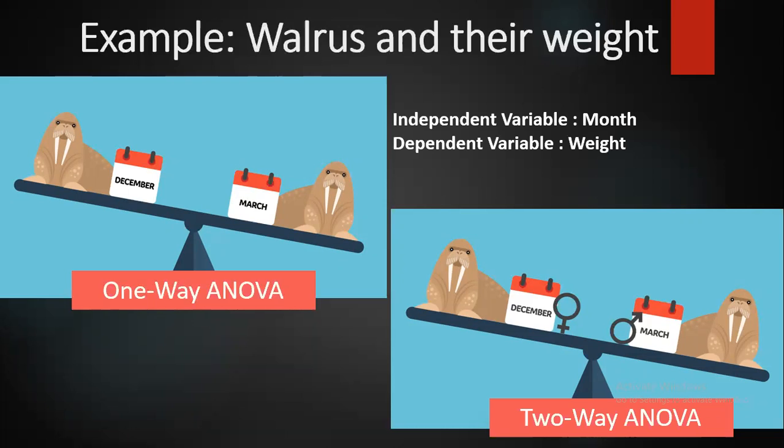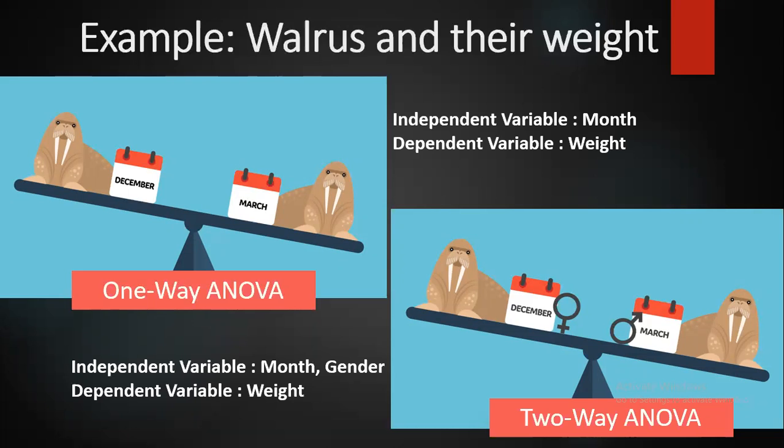In one-way ANOVA, we have the independent variable month and the dependent variable weight, while in the two-way case, we have the independent variables month and gender and the dependent variable weight. This is the basic difference between one-way and two-way ANOVA.